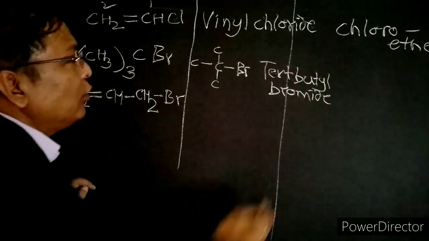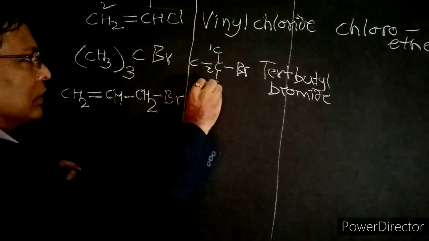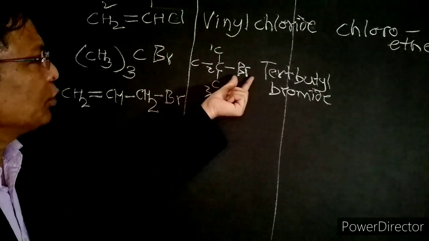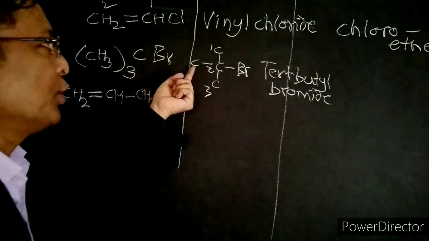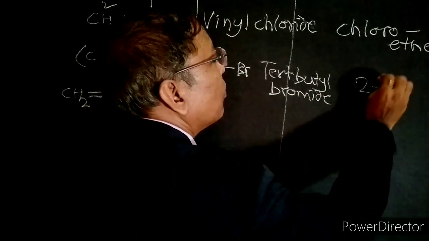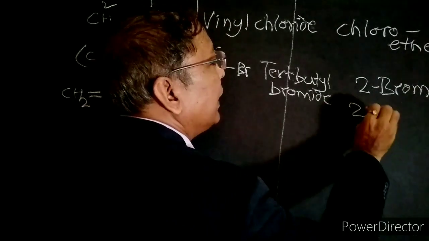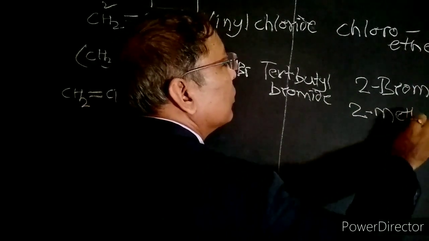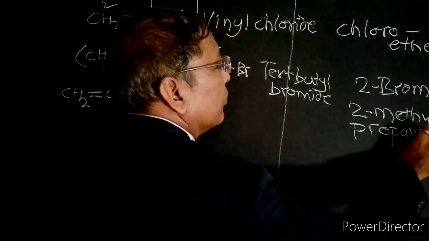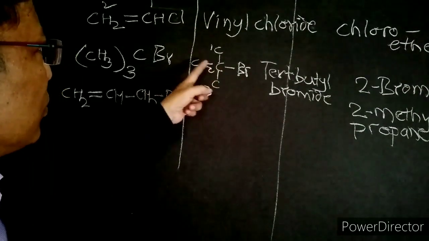And for the IUPAC name, the longest chain is this one, 1, 2, 3. Therefore, the second carbon has one bromine substituent and a methyl substituent. Therefore, we can call this 2-bromo-2-methyl propane.